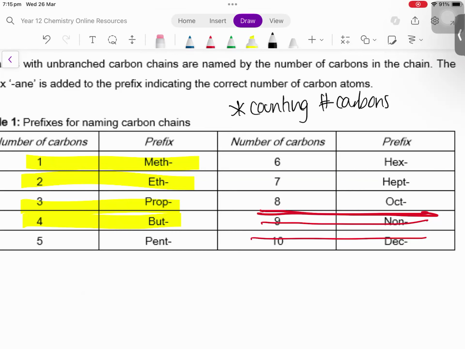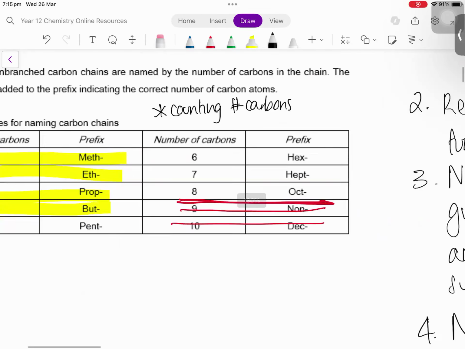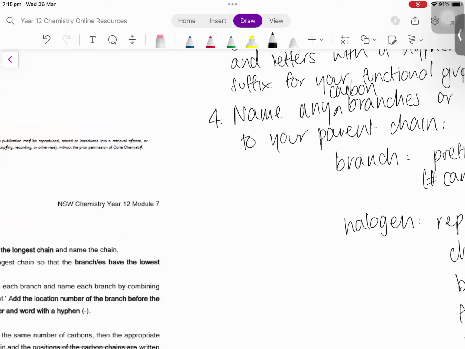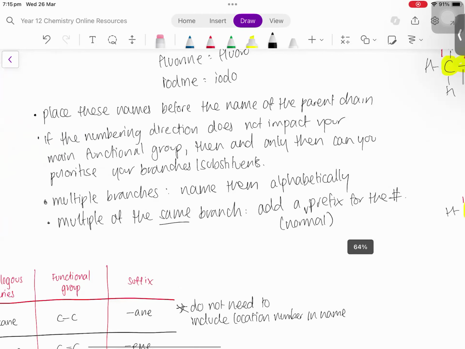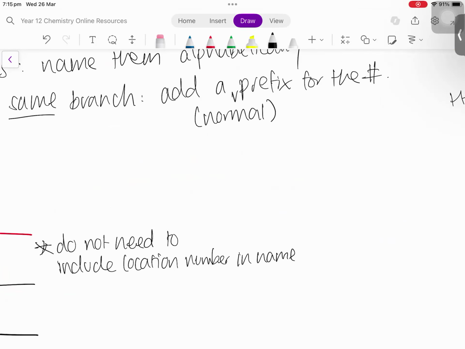These kinds of prefixes are only for specifying the numbers of carbons. If you're specifying number of branches, you use your normal prefixing. You don't need to mention the prefix if it's only one, but just as an example, guys, what's your normal prefixing for one? How do you tell me that something's one? Like when you were naming ionic and covalent compounds in Year 11, Module 1, one is mono.